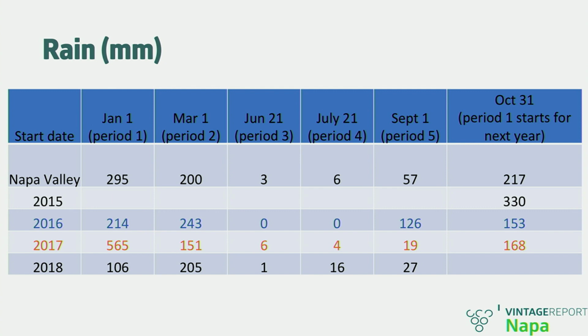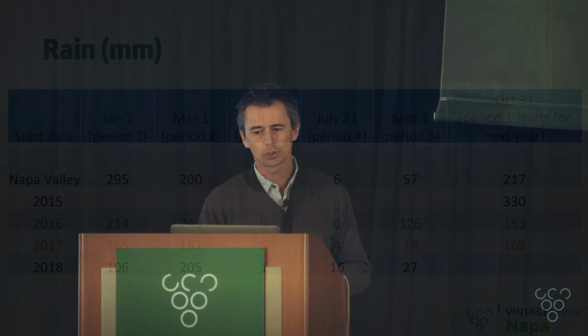So doing exactly the same exercise, looking at the last orange column on your right and the first on your left, you see that we had less than 300 millimeters on average in Napa Valley. What I forgot to say is that those charts come from the statistical analysis of the extensive network of weather stations we have.